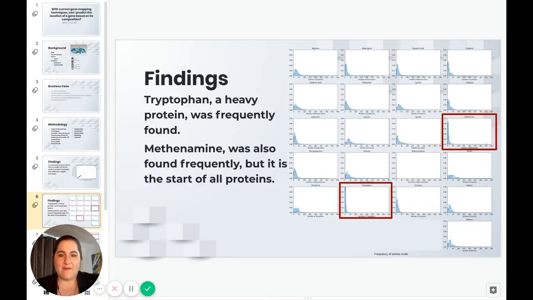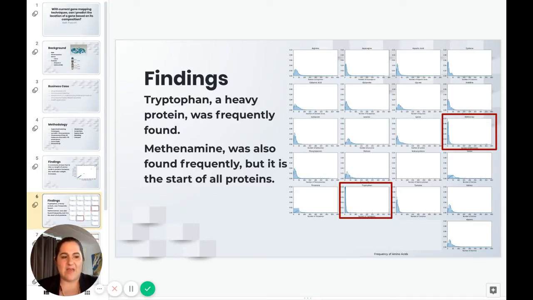In particular, I found that tryptophan, which is a very heavy amino acid, was found frequently. Also, methionine was also found frequently. The reason why methionine didn't really surprise me is it's kind of like the start signal for every protein code. Versus tryptophan, I was really surprised to find it so prolifically throughout all of the samples.